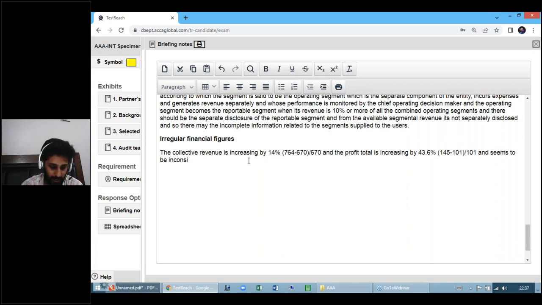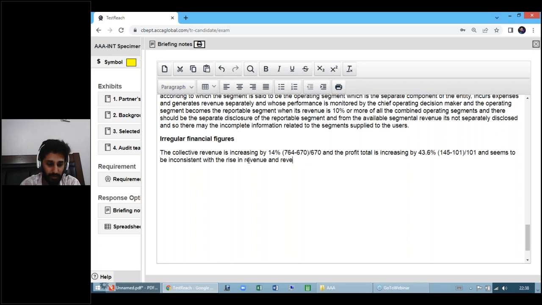and seems to be inconsistent with the rise in revenue. Now what is the risk? There is a potential that revenue may not be split. Some revenues may be understated, some overstated, or some operating expenses might be understated or omitted.